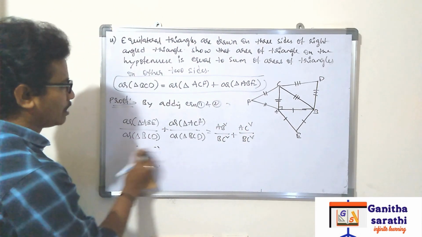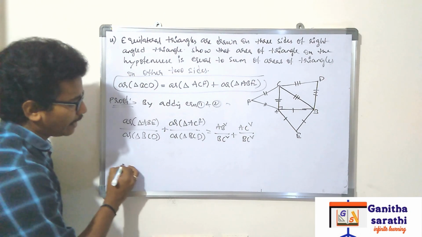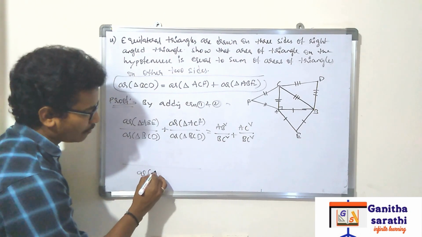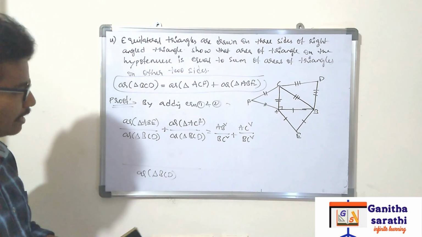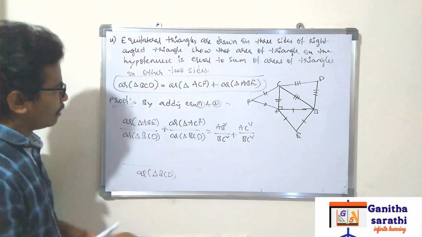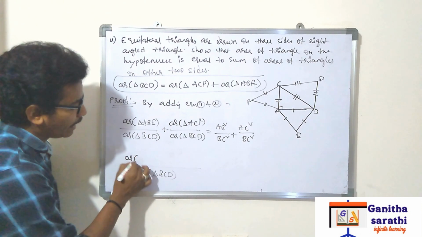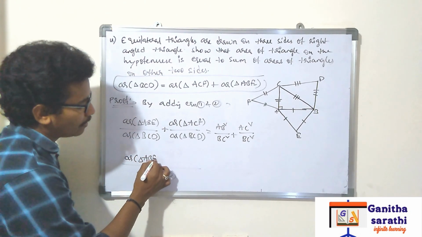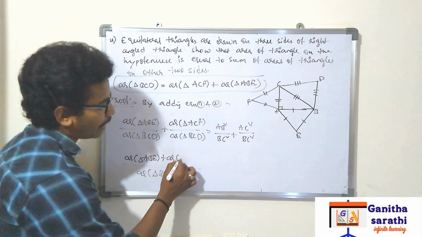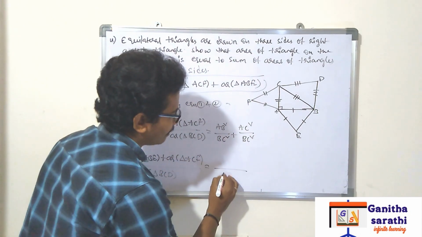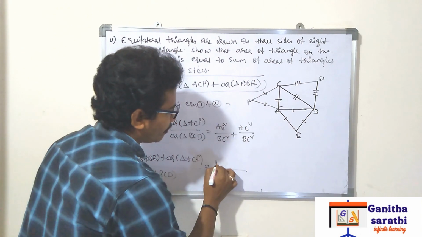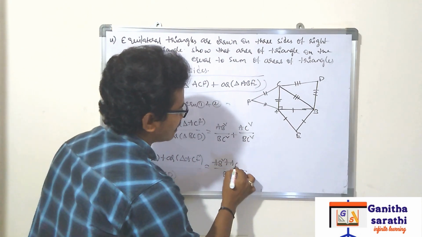Now see here, we can take the LCM the same. Area of triangle BCD will be the LCM. In the numerator we can write area of triangle ABE plus area of triangle ACF, is equal to, here the LCM is BC square, and in the numerator AB square plus AC square.